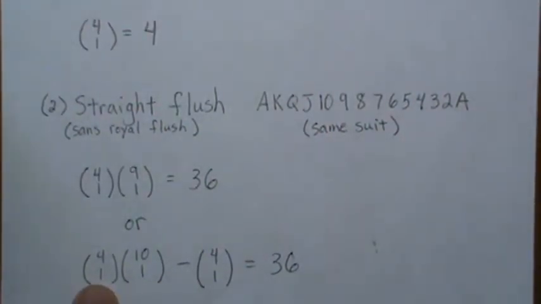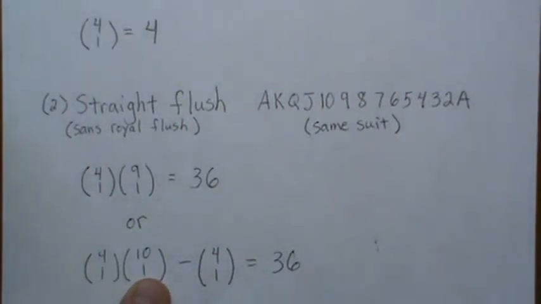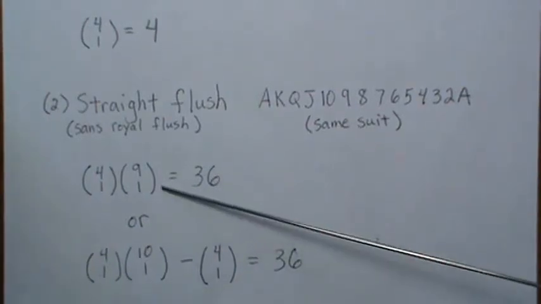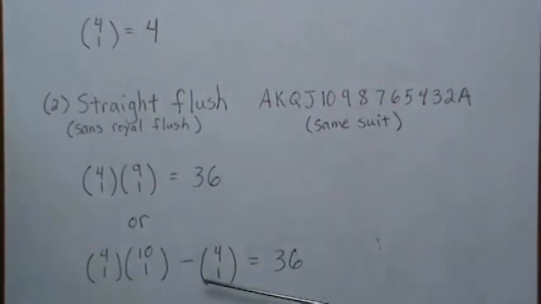Pick a suit, pick a straight, but this includes the royal flush, so you have to subtract out the royal flush, and you get 36 both ways. To me, this is a much cleaner way to think about it, but all of the books have it this way, so I want to show that.